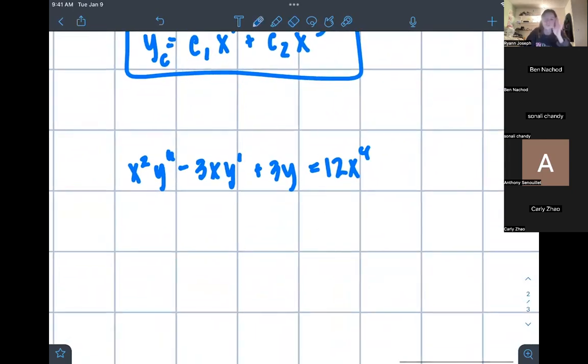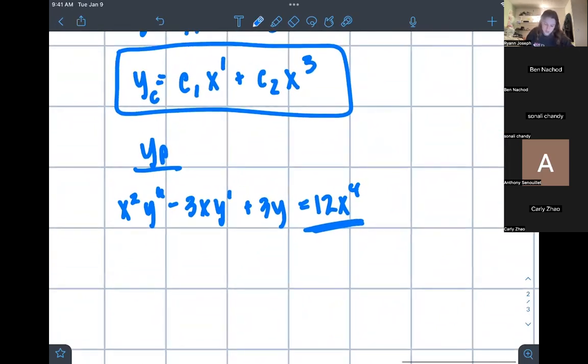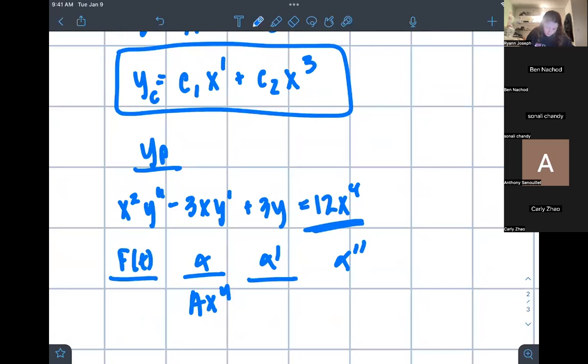Okay, solving for our particular solution, I'm making my guess because of this, and it is going to be a x to the fourth is just going to be my guess. And a prime and a double prime, or a x to the third, and a x squared.